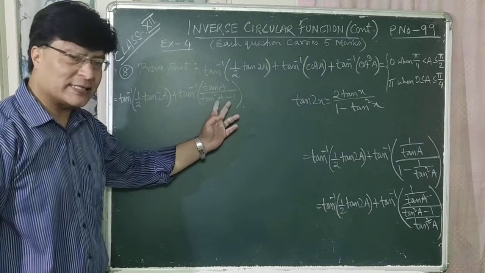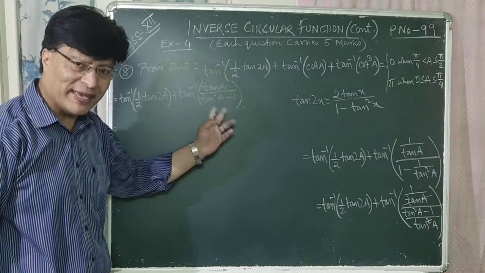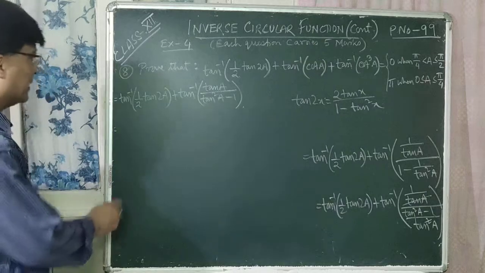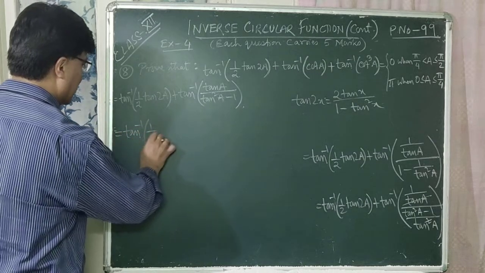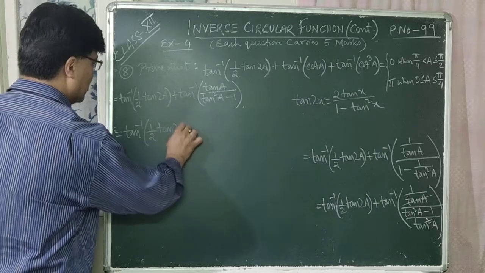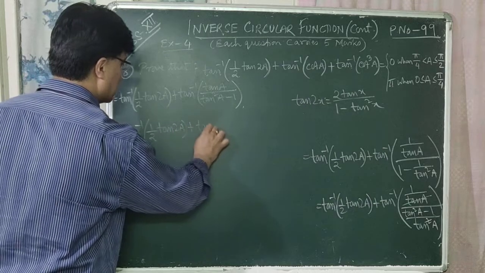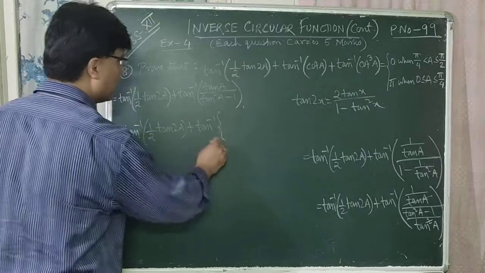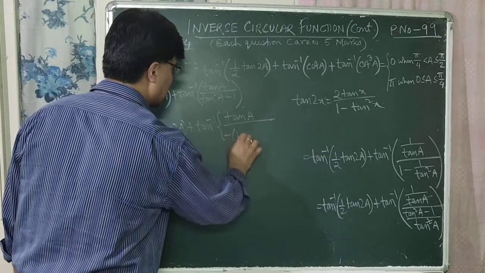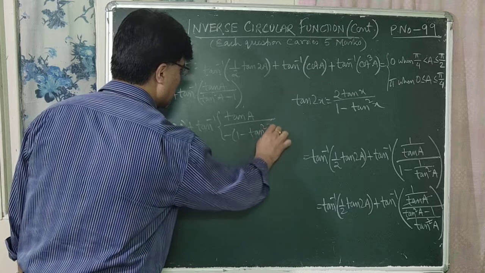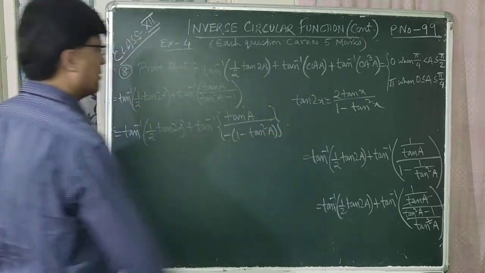So here also you can take minus common and you have to make it 1 minus tan square a. So it is equal to tan inverse within bracket half tan 2a plus tan inverse within second bracket. It is tan a divided by, minus is taken common, so this is 1 minus tan square a.